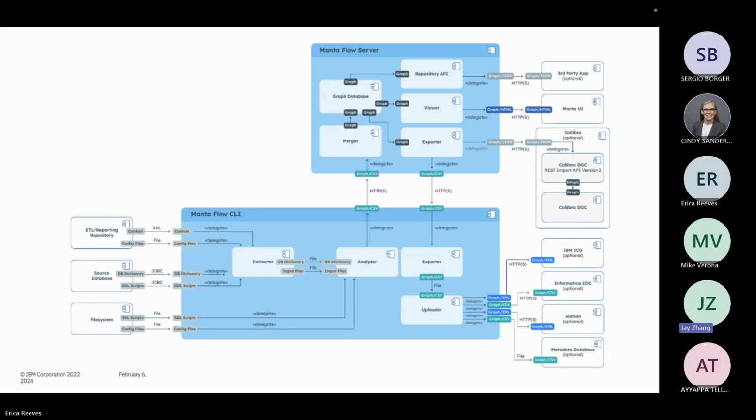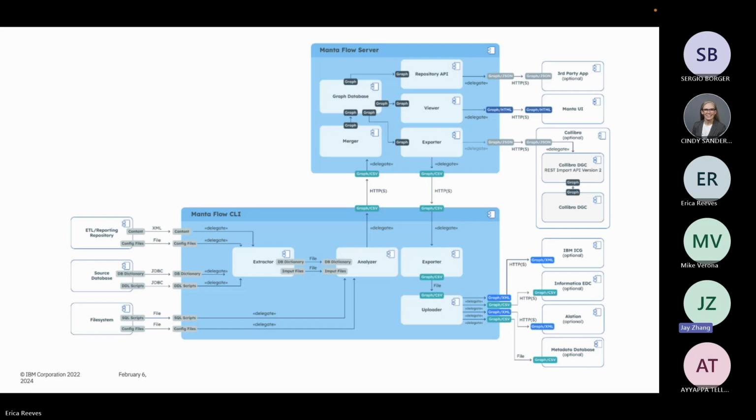IBM is not the only data catalog vendor. There are a number of other data catalog vendors, including Informatica and Collibra. Collibra is considered the leader in the data catalog space. So Manta offers out-of-the-box integration with those data catalogs too.